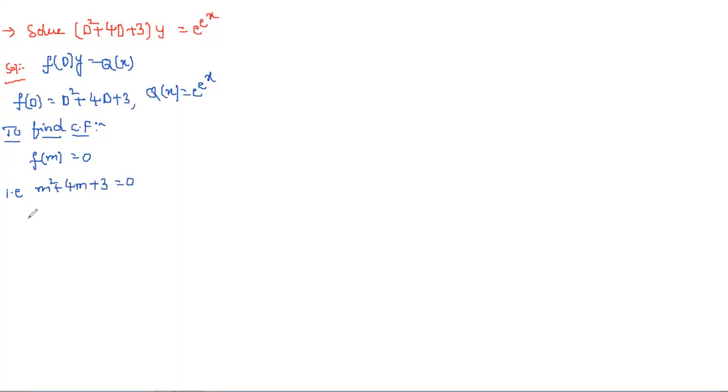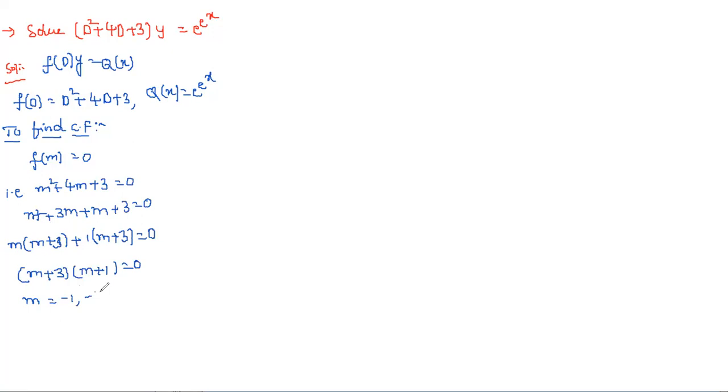So simply we can write m² + 3m + m + 3 = 0. Taking m common, m(m + 3) + 1(m + 3) = 0. So we get (m + 3)(m + 1) = 0, and m = -1, -3.